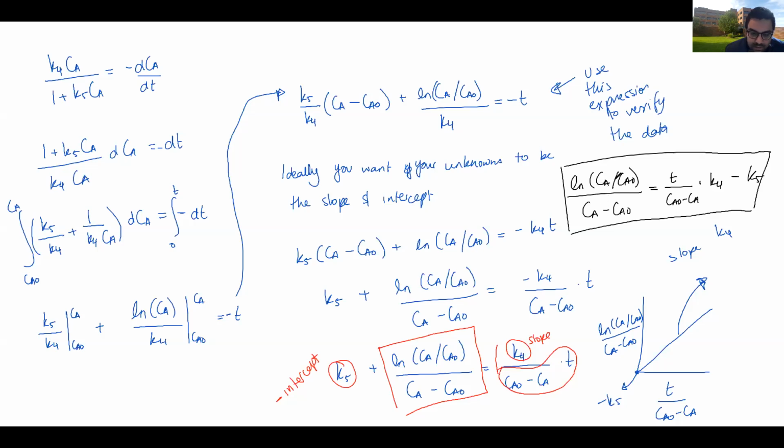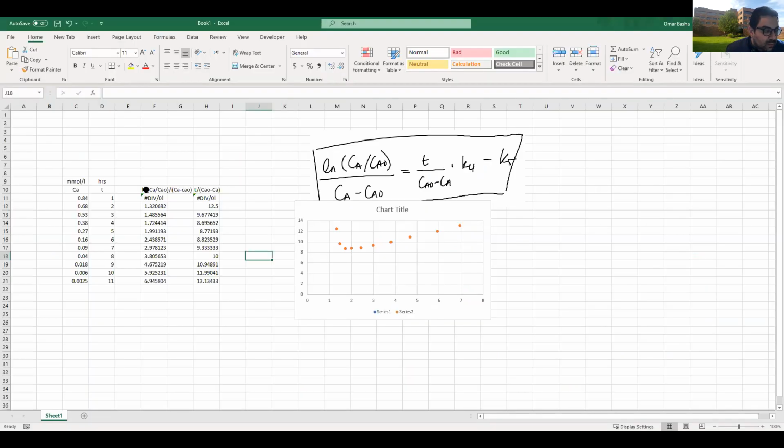Ln of CA divided by CA naught over CA minus CA naught is equal to T over CA naught minus CA, multiplied by K4, minus K5. So it seems fine to me from a derivation side. Let's go back and verify what we did here.